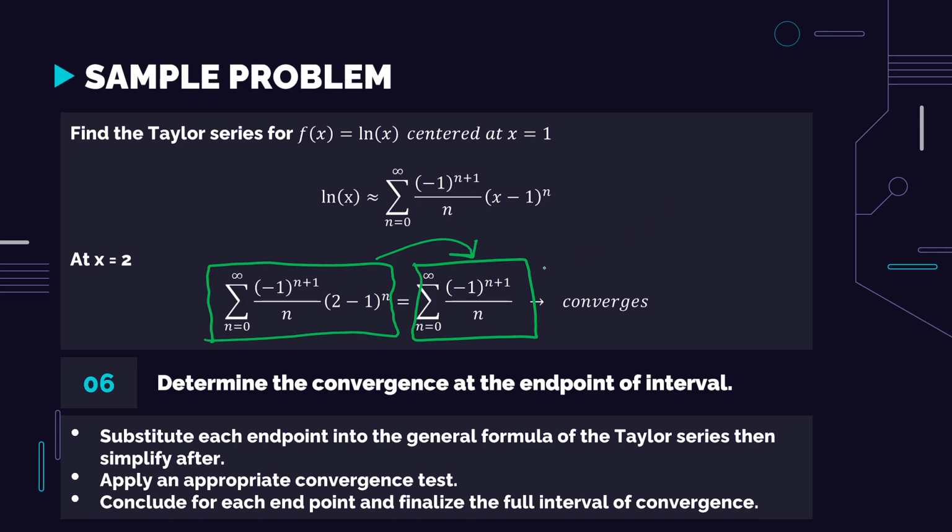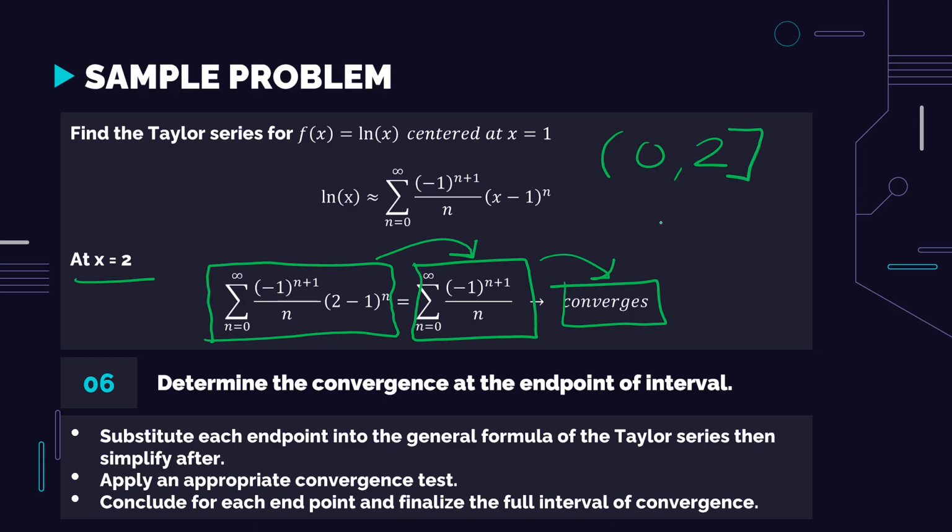And from that test, you will arrive at this answer, which is that the series will converge. Since the series converges at x equals 2, expect that in writing the interval, we have 0, excluding 0, up to 2, and since it converges, we will use this box bracket.